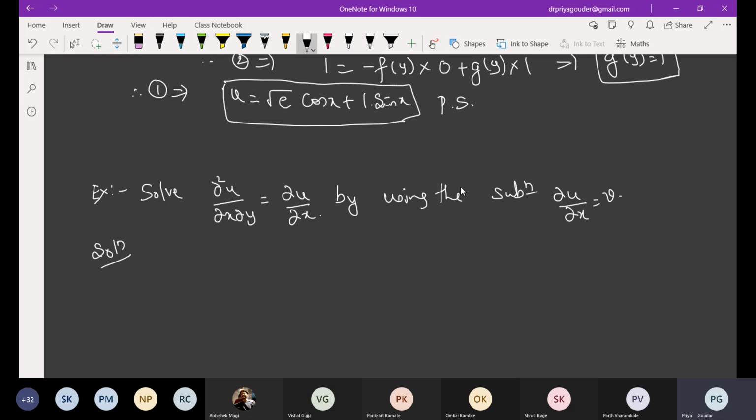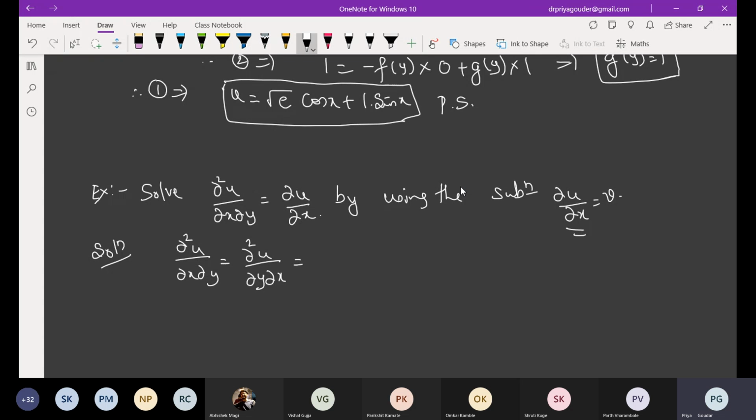Now, if I write this, it is dou by dou x of dou u by dou x, dou y, dou u by dou y. But they have told us to substitute the dou u by dou x value. We know that dou square u by dou x dou y, we can write as dou square u by dou y dou x.